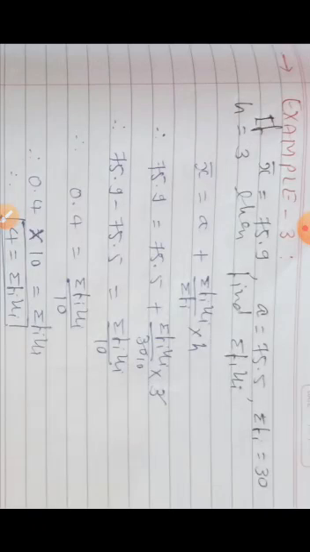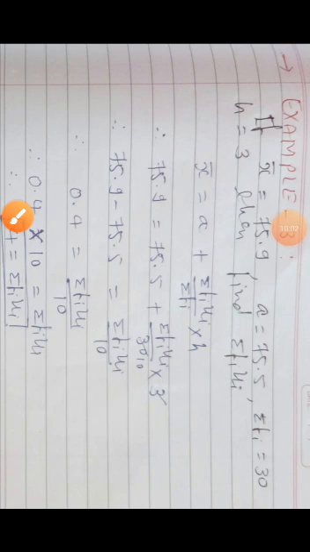Now the third one. Here again x bar is given, a is given, sigma fi is given, and h, meaning class size, is given. Then find sigma fi y. Obviously, since sigma fi y is there, it is the step deviation method, so the step deviation formula is written here.